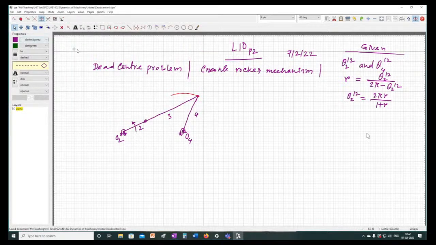So it is rotated from this position to this position. So we are saying that the crank is rotated up to this point.